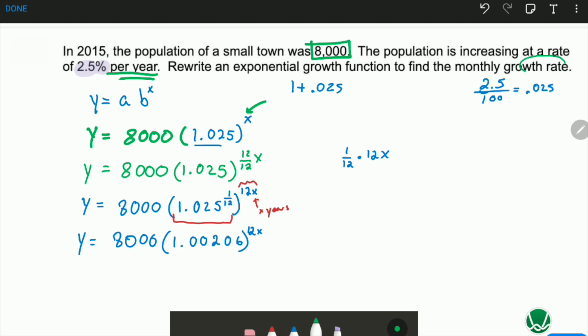And to find the monthly growth rate, remember that this growth factor, 1.00206, is 1 minus the growth rate.